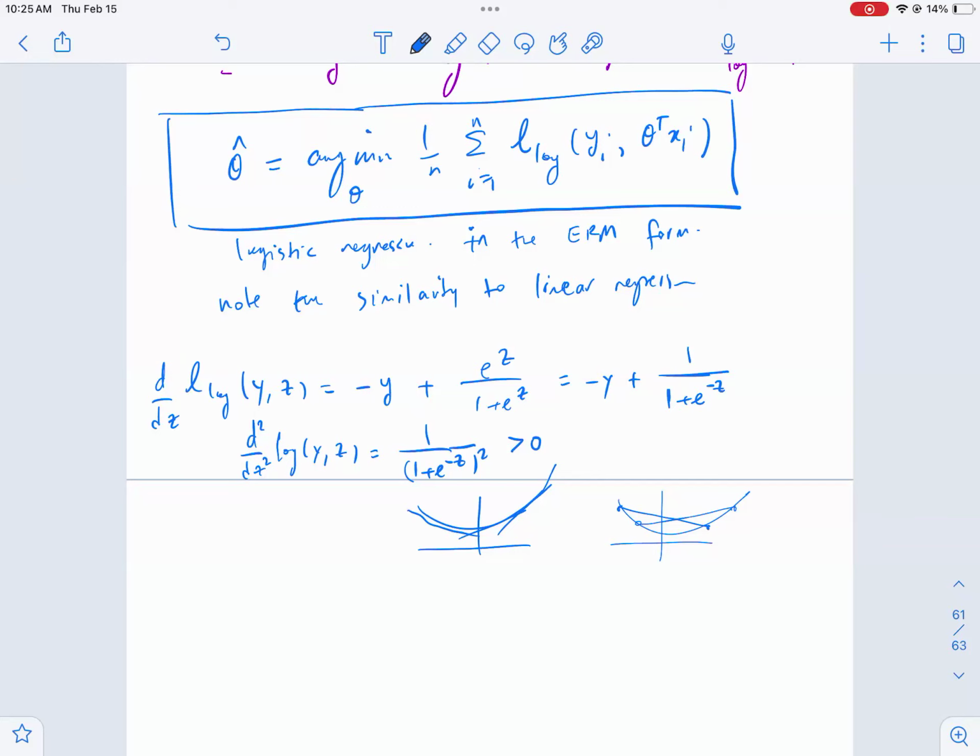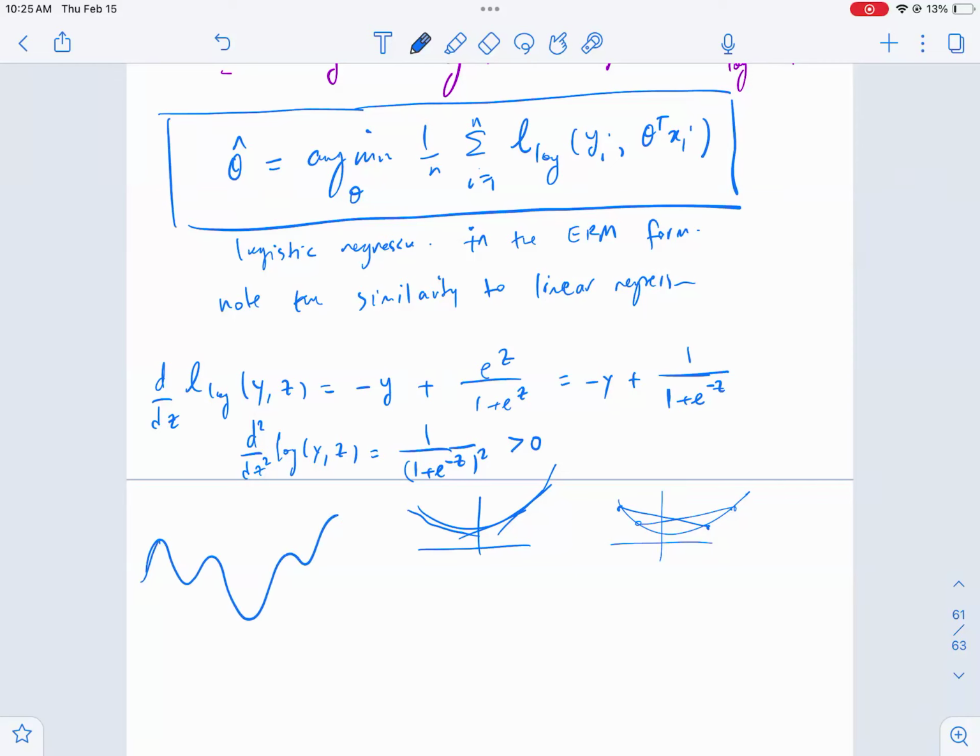A function which is not convex is something like that. I take 2 points, I connect them, and the graph is not entirely below. These functions can have multiple local minima. So if I do gradient descent, for example, if my function is like that, I might have something like this.